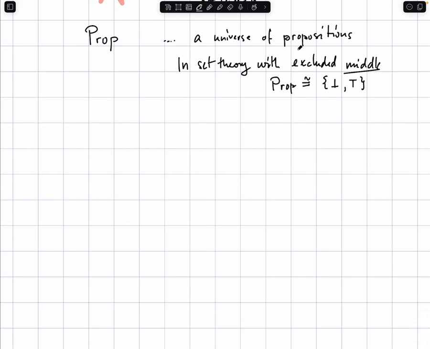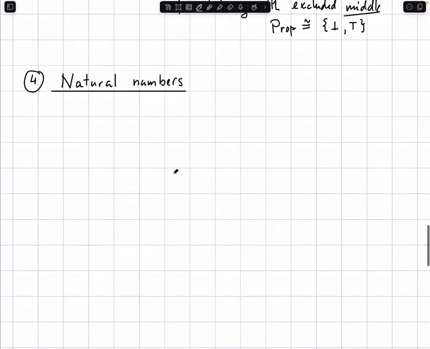But it's good to maybe look at something familiar. So let's look at how one would introduce natural numbers into type theory. The pattern that we're going to see here can be generalized and used for many, many other things.